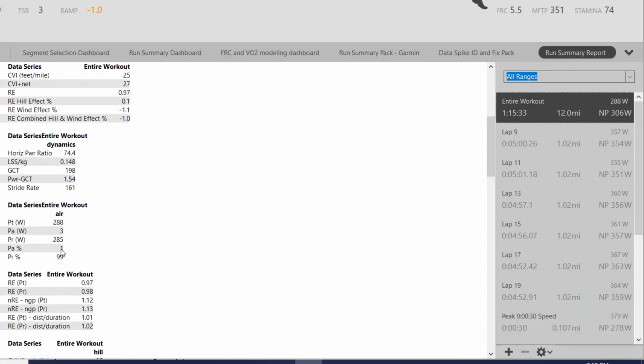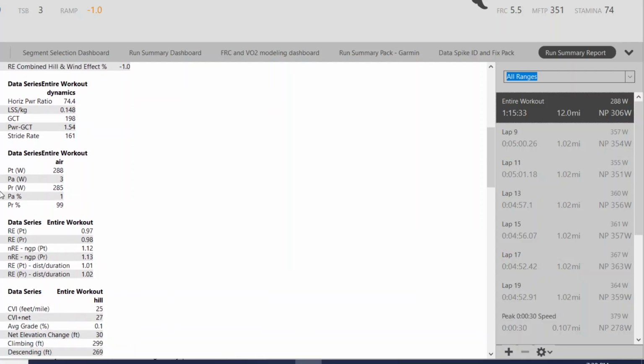I go, oh, particularly on CP tests and on races, if it's really low, then they're missing out on some of this bonus, which is the air power that gets added on to the PR and is reported as a total power. So that's what those are about: total power, air power in watts, the running power PR, which is simply subtracting air power from total power, and then the percentages that air power and PR occupy.